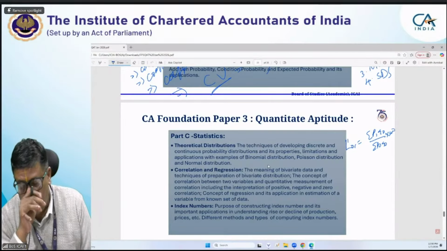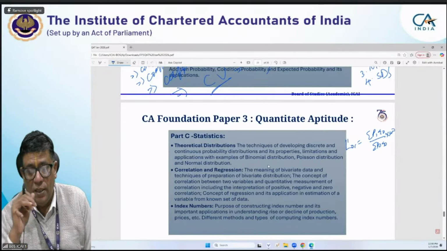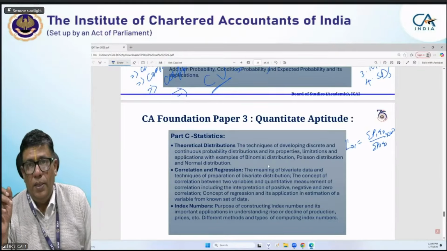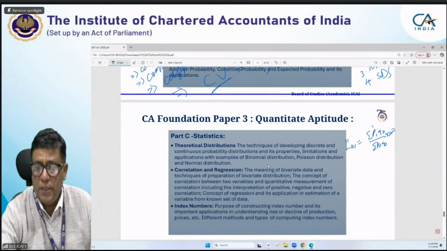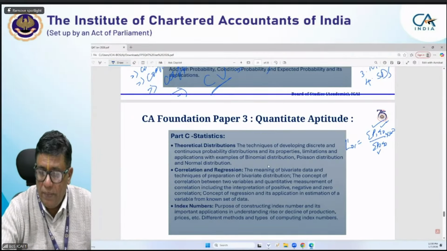When we talk about it, 1 means the current year, and 0 means the base period. This is the price in the current year, and the quantity in the base period.